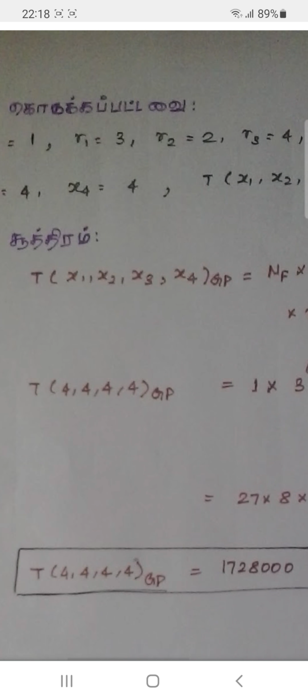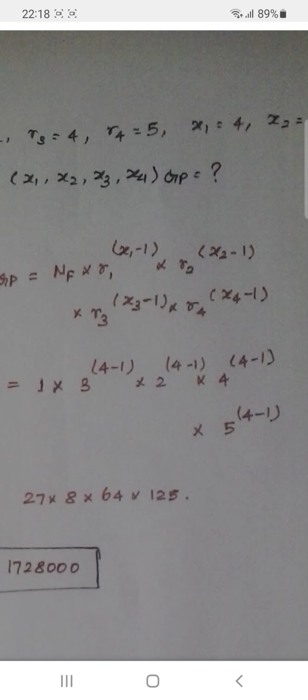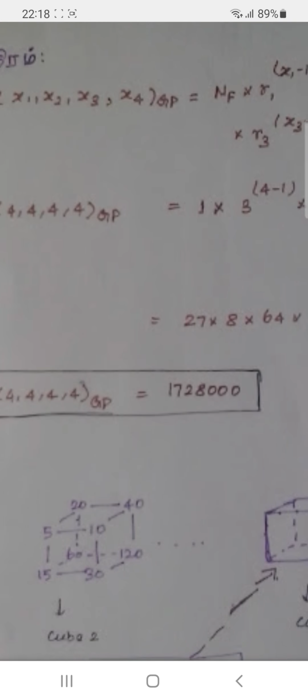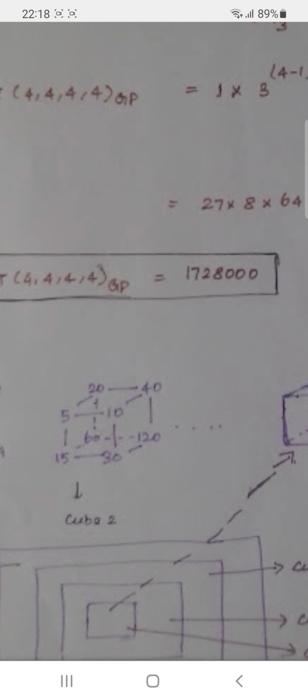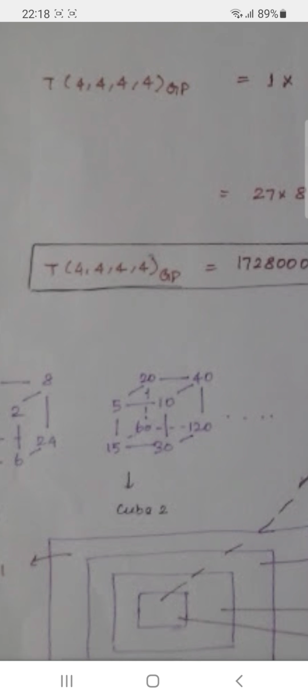So x1, x2, x3, x4 are all 4. In this formula, 1 into 3 cube, 2 cube, 4 cube, 5 cube. If I multiply, I'm getting 17 lakh 28,000 as the output of that GP, geometric progression.